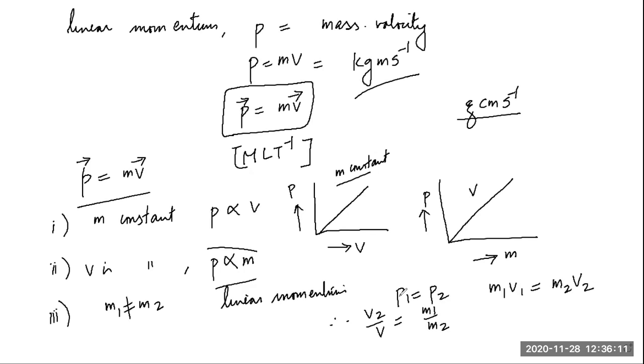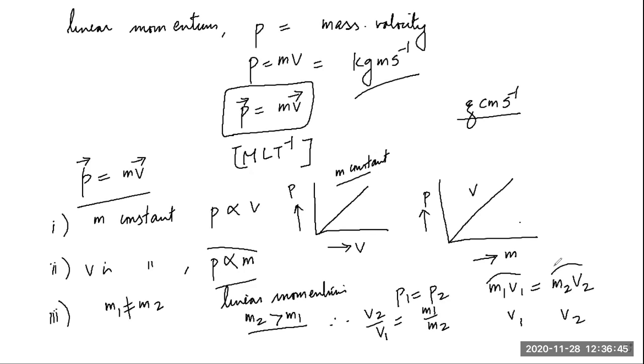What does that mean? The heavier body will have, let's say, m2 is greater than m1. So if m2 is greater than m1, whether v1 will also be greater than v2 or v1 will be smaller than v2 to make the product constant?